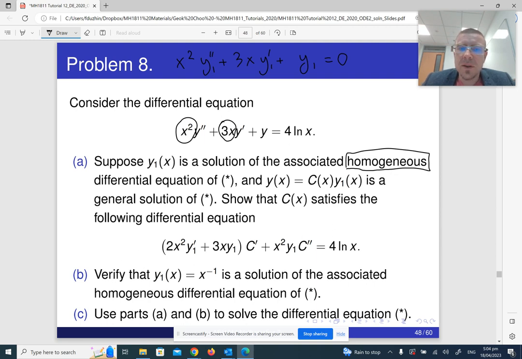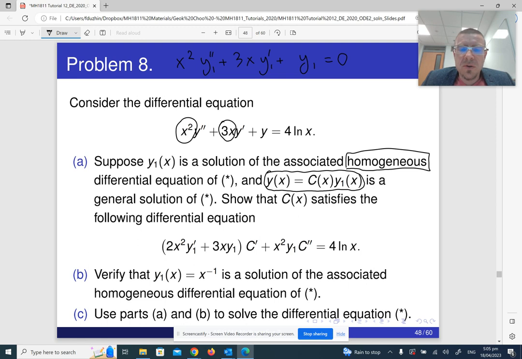Right. So now we are going to look for a general solution of the non-homogeneous differential equation in this form. It is something like variation of parameters, kind of similar, but not quite the same thing.